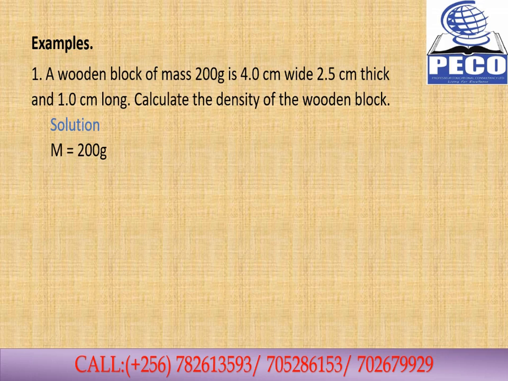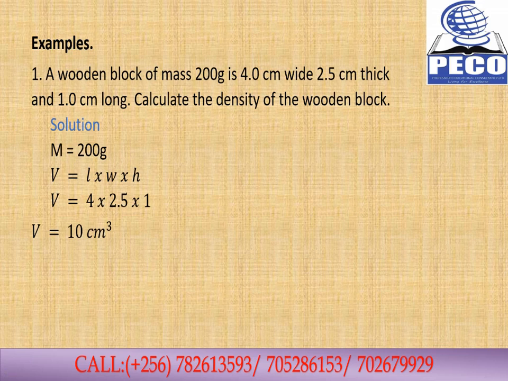We have been given 200. And what is our volume? Since we have been given the length, the width, and the thickness, or the breadth, then we have L times W times H, and we just substitute 4 times 2.5 times 1, and we get V is equal to 10 centimeters cubed.